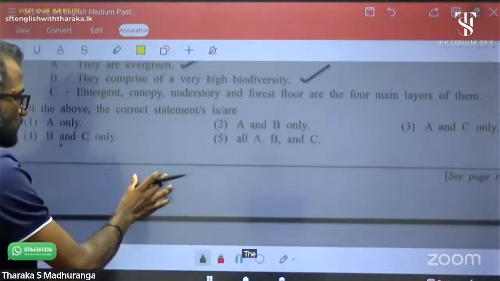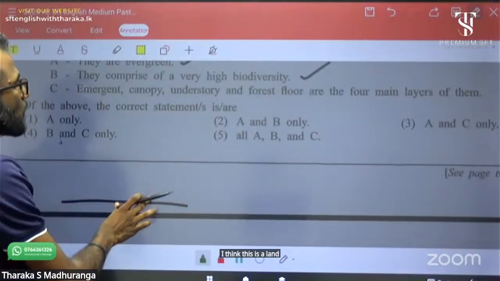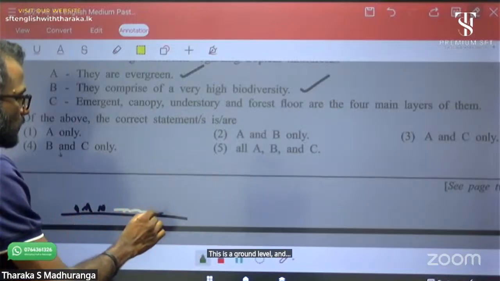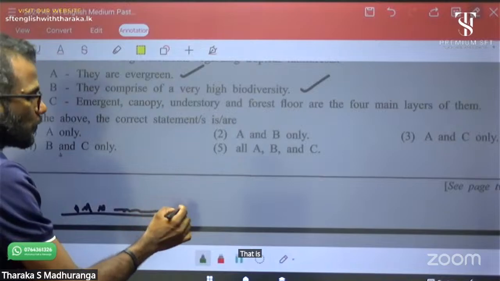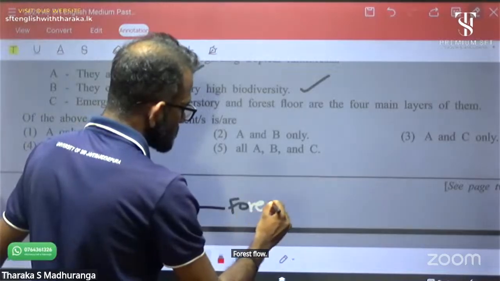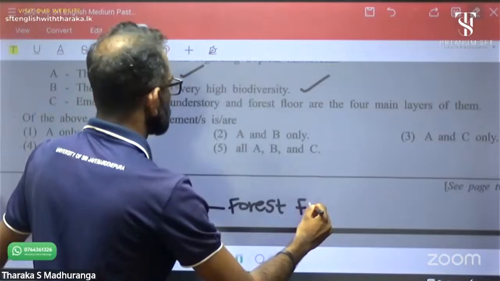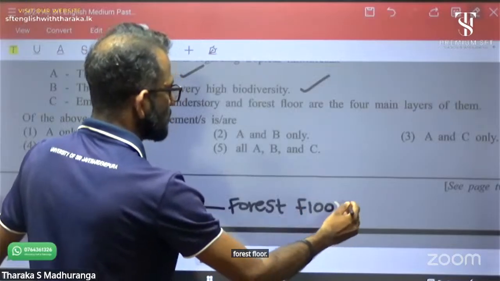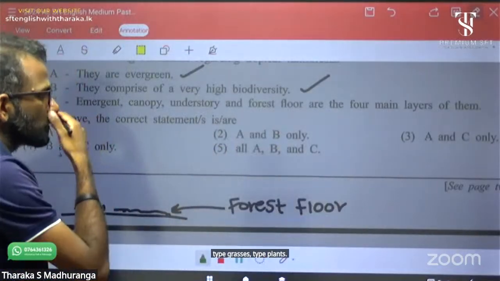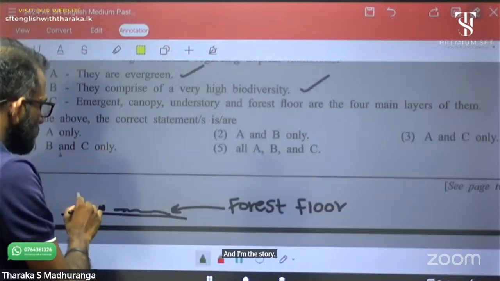Think this is the ground level, and that is the forest floor. Very small grass-type plants. And understory means this type of plants, this level.